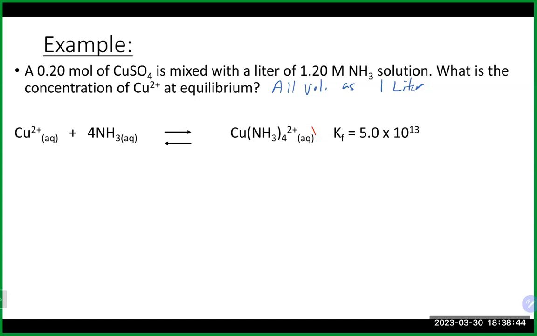Obviously, that's not always the case, so we're just going to do it this way on this particular one. What we're looking for in this particular case is the molarity of everybody together once they are mixed together. Because everything is 1 liter, we know that the concentration of copper will basically be 0.2 molar. Again, that's 0.2 moles divided by 1 liter.